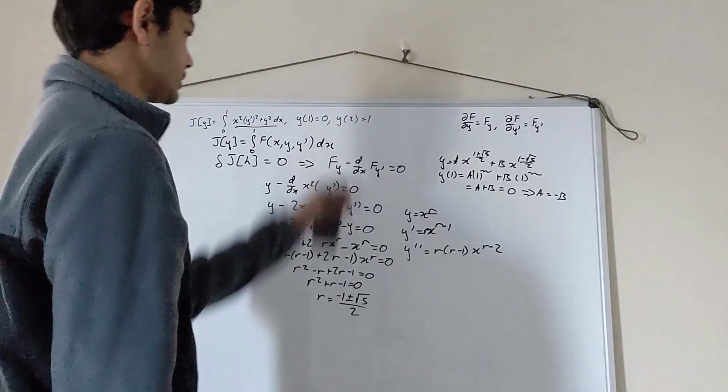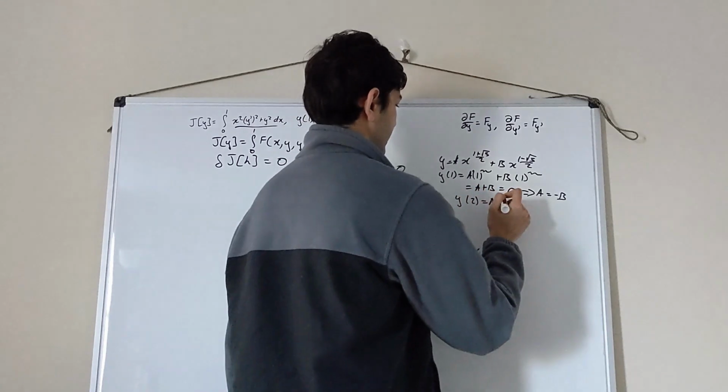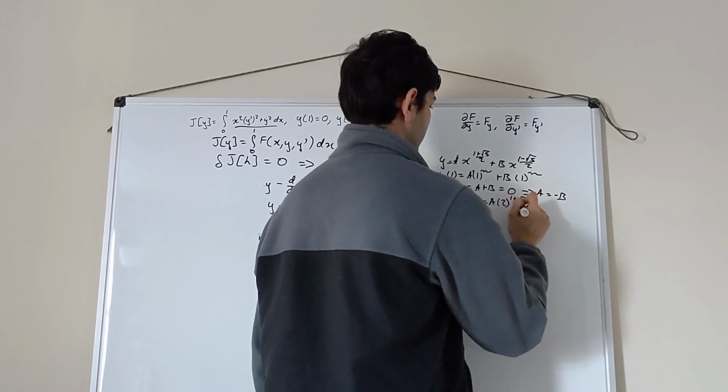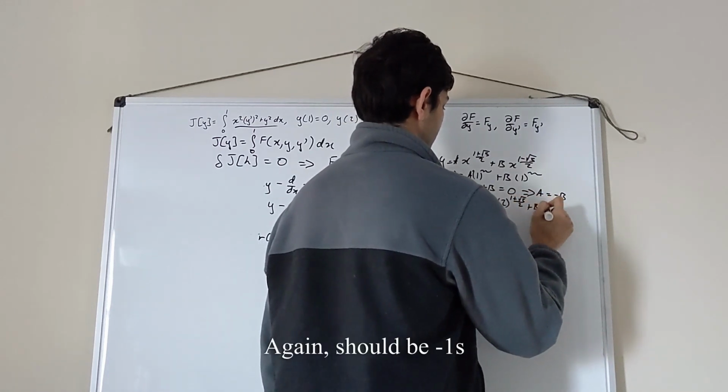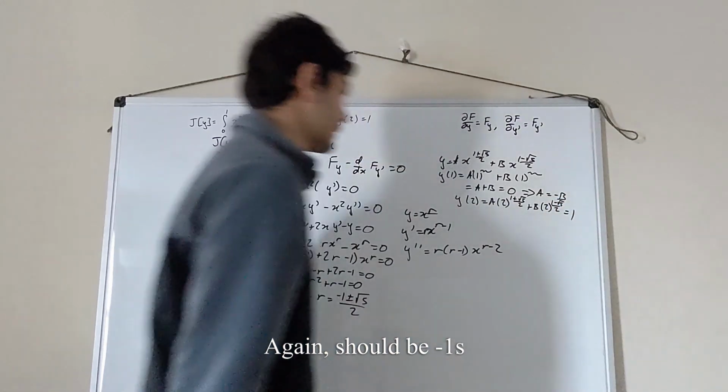And y of 2 is equal to 1, so y of 2 is equal to a times 2 to the power of 1 plus root 5 over 2, plus b times 2 to the 1 minus root 5 over 2, is equal to 1.